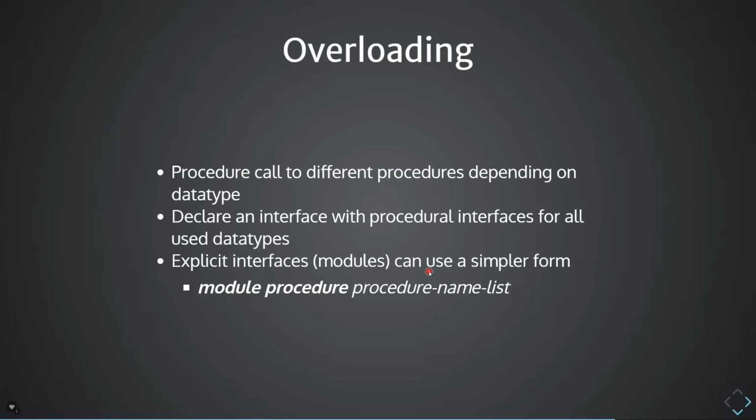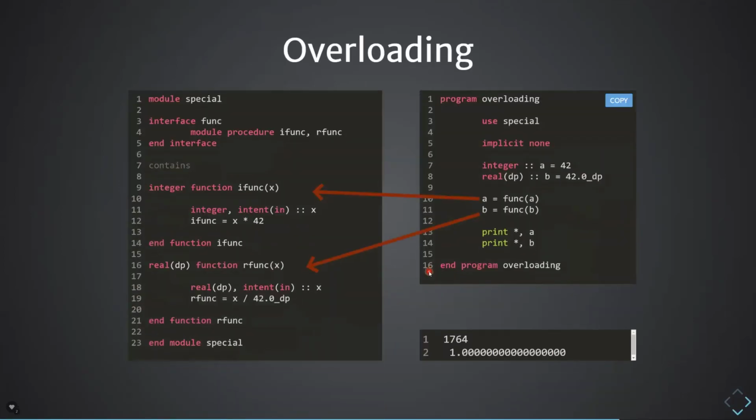Let's see here. It's better to show this in an example. In this case, I have a module with 2 functions. An integer function that will do something if the argument is an integer. I also have a floating point function called r function, which has a floating point argument.